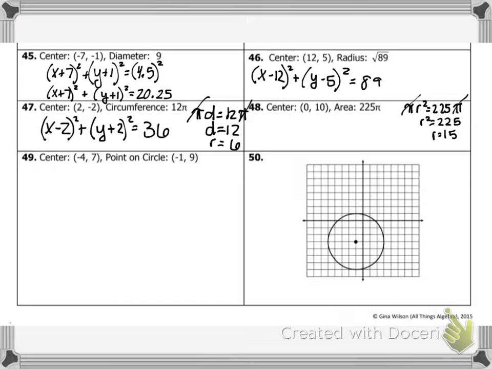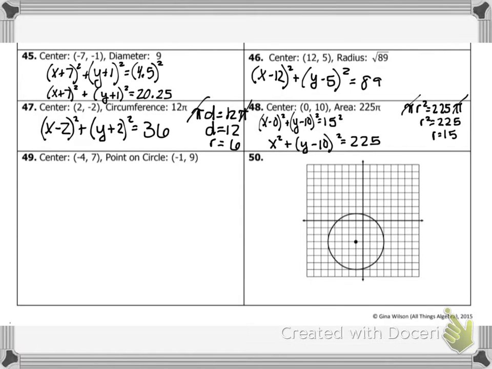So, we have x minus 0 squared plus y minus 10 squared equals, what did we say? 15? Yep. Okay. 15 squared. And so x minus 0 is just x, plus (y minus 10) squared equals 225.